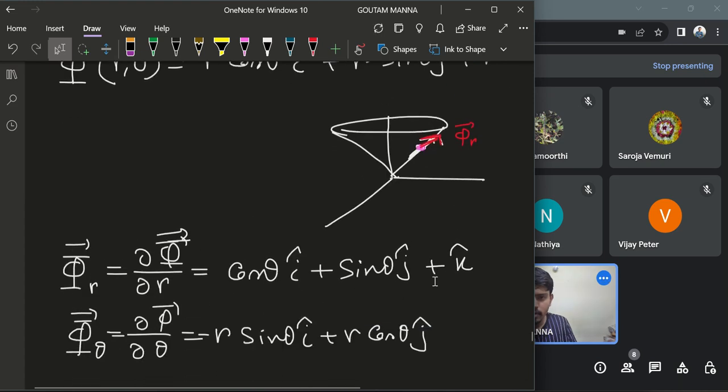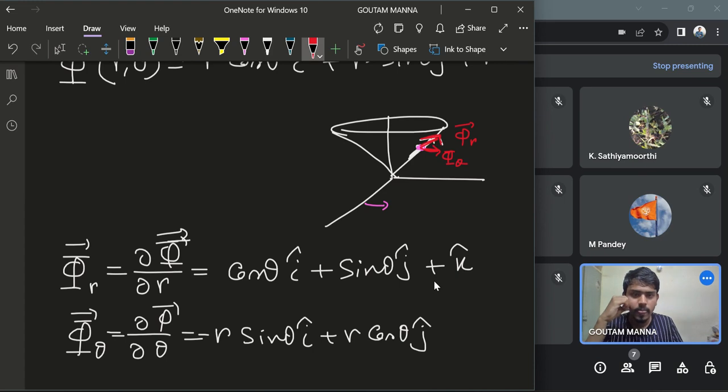Okay, so phi is changing along this direction, so it will be directed like this. If you want to find a vector that is perpendicular to this tangent plane, this phi theta and phi R will be lying on the tangent plane. These are the tangents in different directions, so they will obviously be lying on the tangent plane.